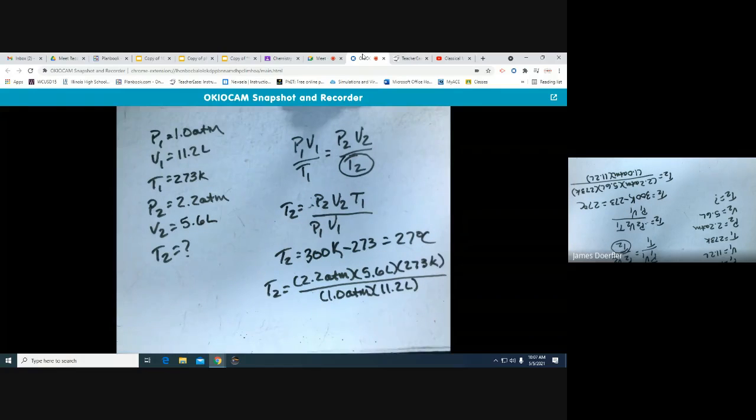So we're going to go from Kelvin to Celsius, and we're going to use the subtraction. So we're going to take 300 Kelvin minus 273. 27, you got it. So did you jot down how to convert? Yeah. Okay, good. Okay, I'll leave that up.